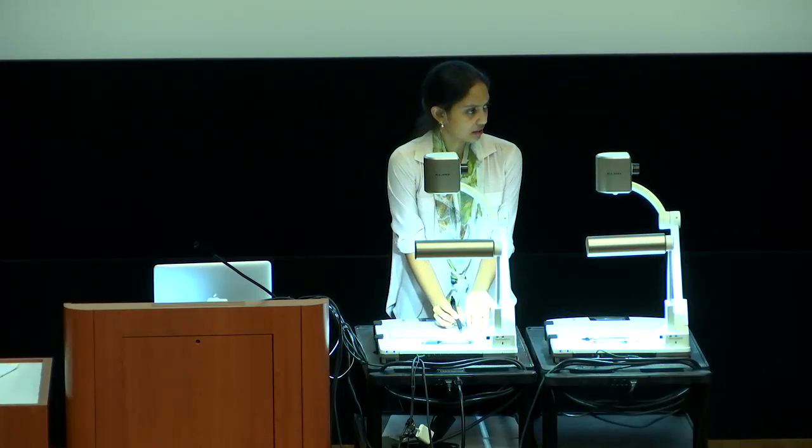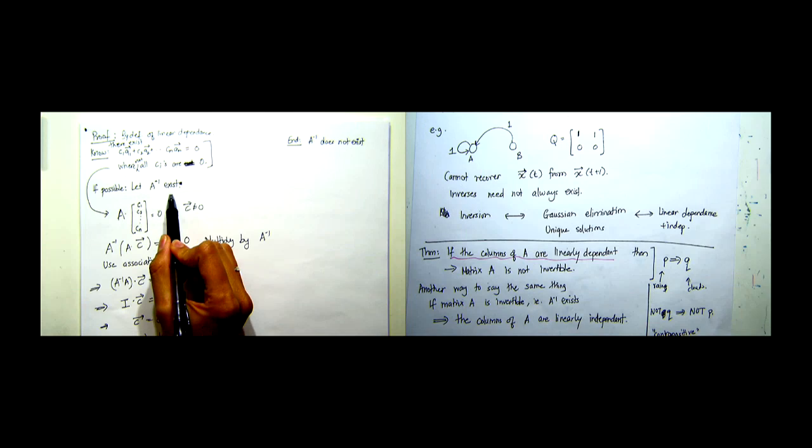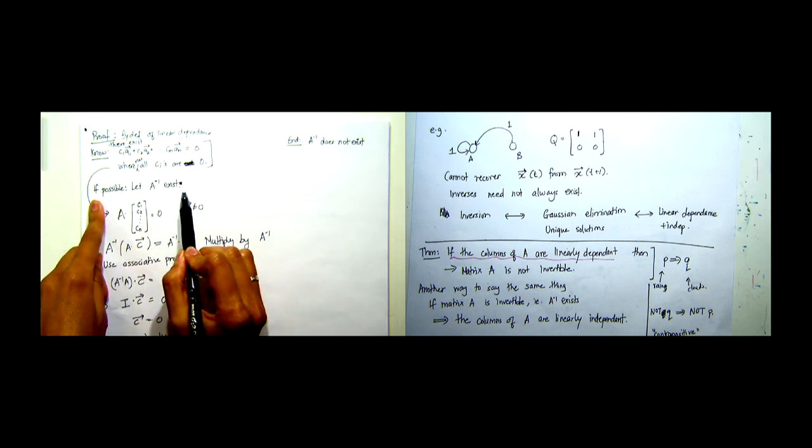This is not a strategy that will necessarily always work, but it's a good one to try. If you arrive at a contradiction, that means your assumption must have been wrong. Is that approach clear to everyone? Yeah. Okay.